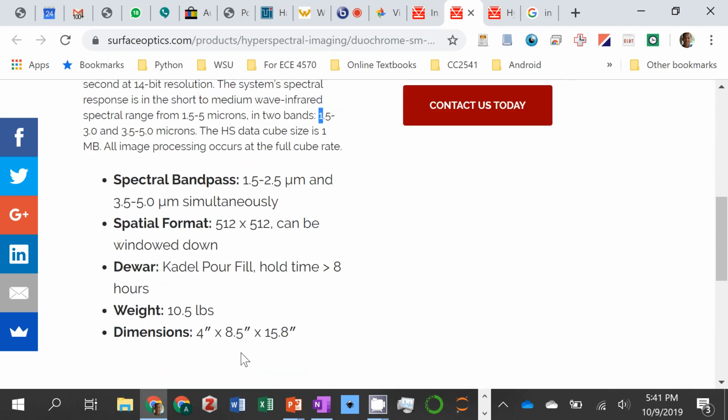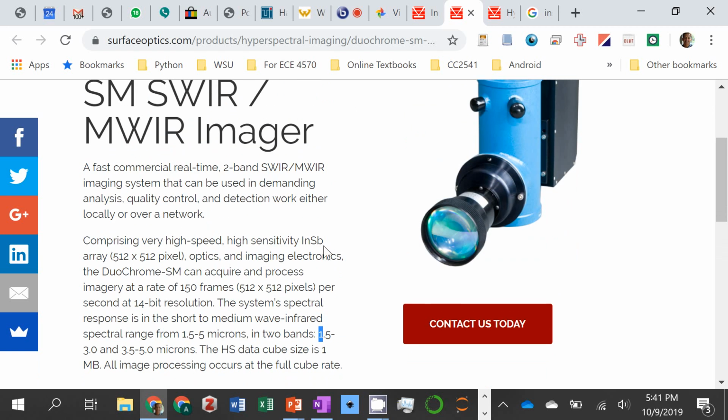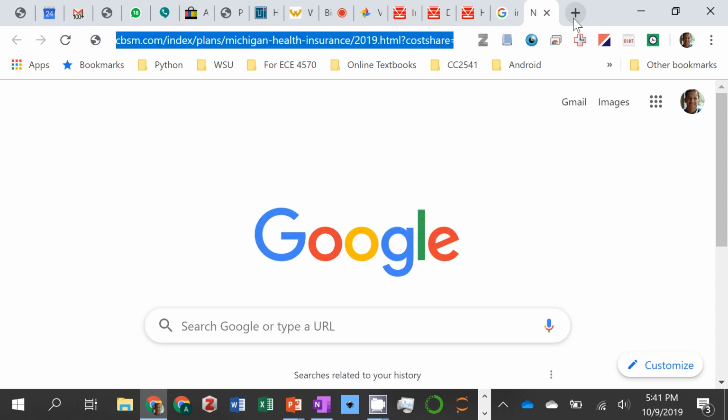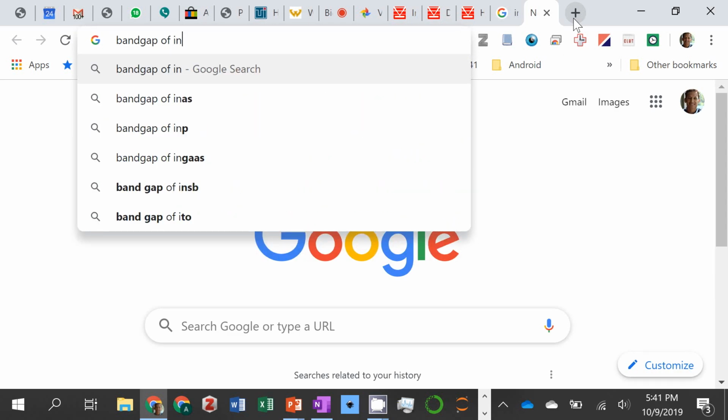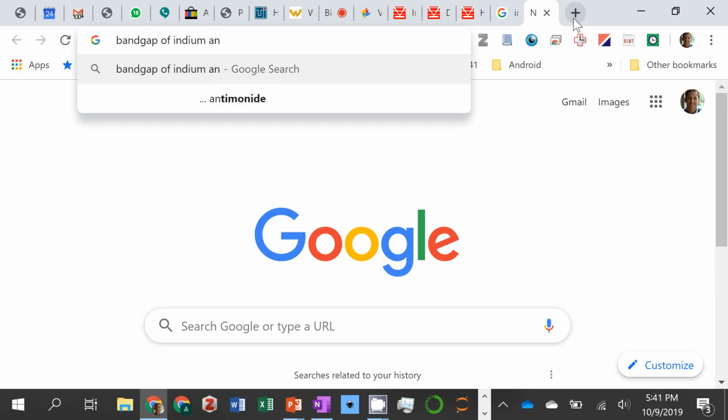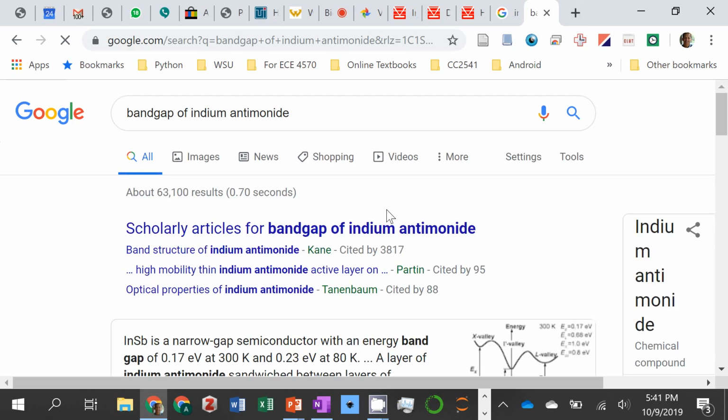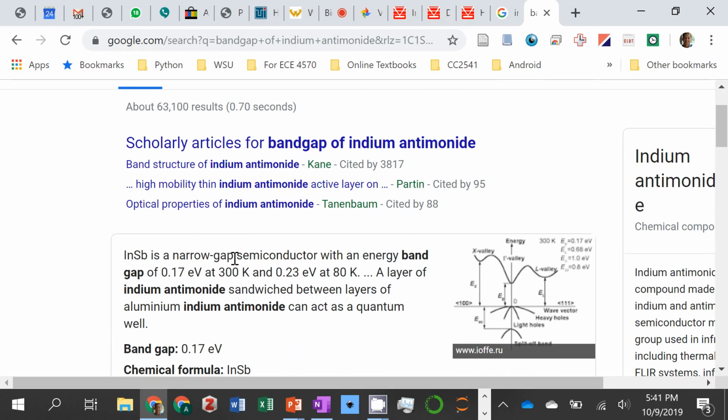In order to detect this type of light, this is the material that they have to use, InSb, which is indium antimonide. If we look up the band gap of indium antimonide, it's a narrow gap semiconductor with an energy band gap of 0.17 electron volts at 300K and 0.23 electron volts at 80K.